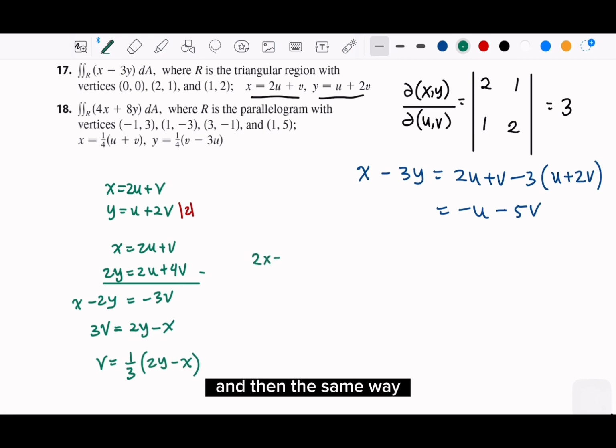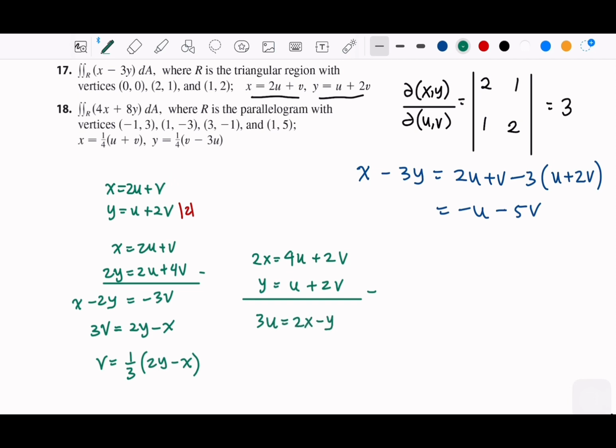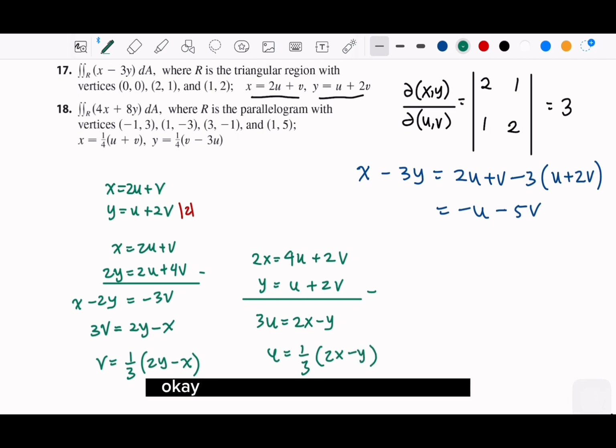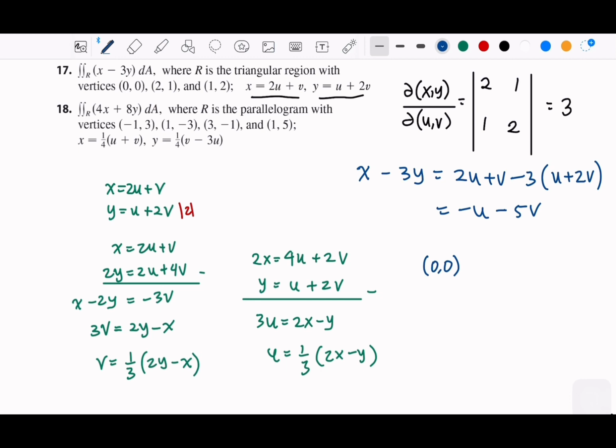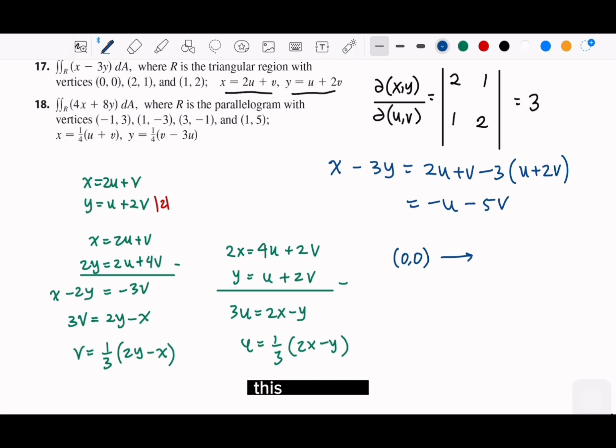And then the same way. Okay, now we change the 0, 0. This is still 0, 0.